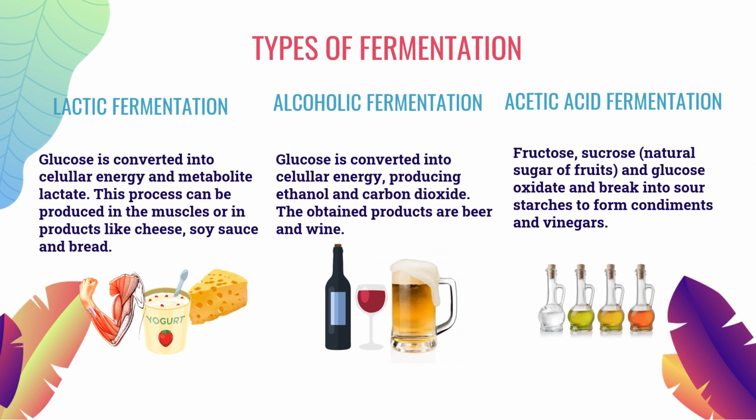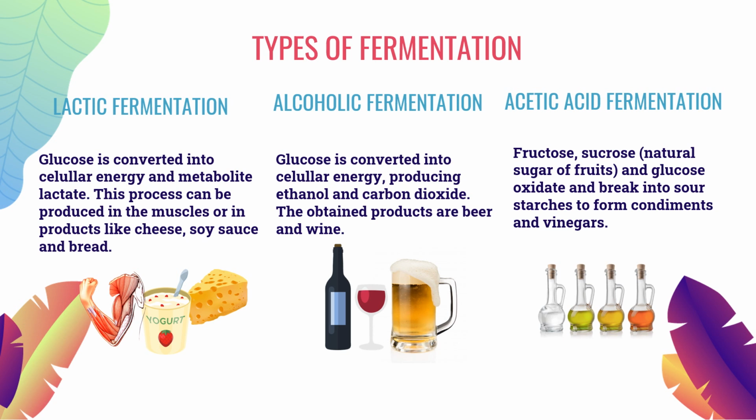We have three main types of fermentation: the lactic, the alcoholic, and the acetic acid. In the lactic acid fermentation, yeasts and bacteria convert starches or sugar into lactic acid in foods like yogurt, bread, and pickles.